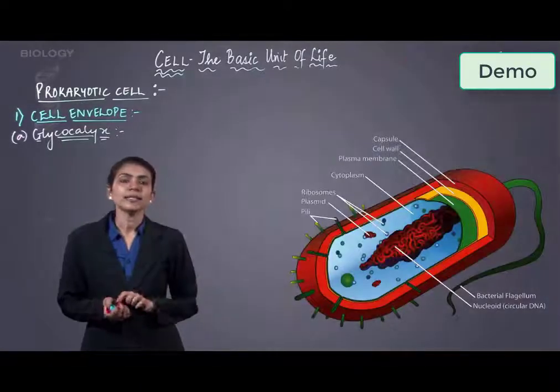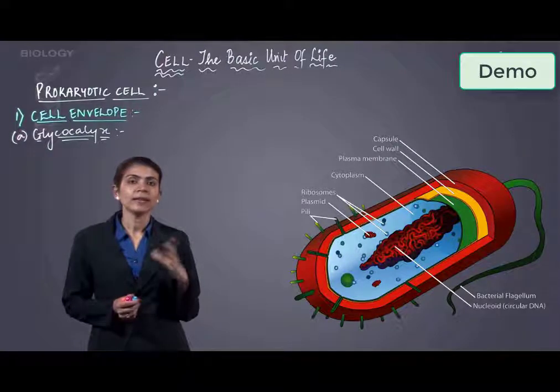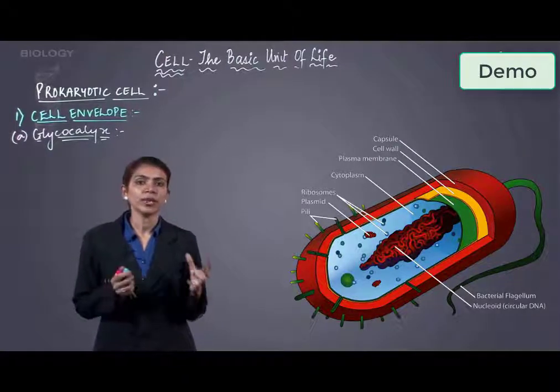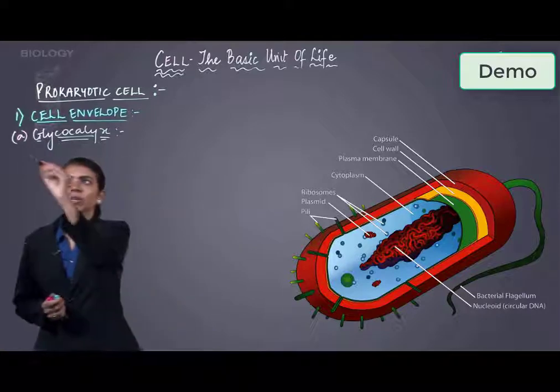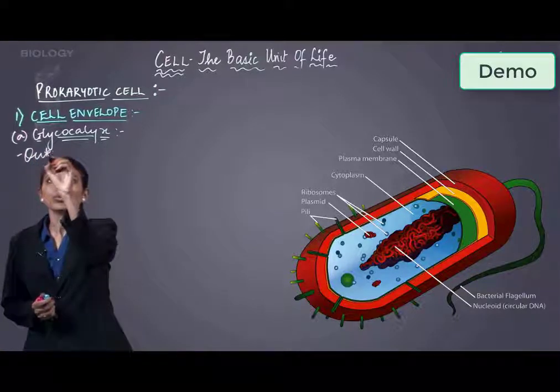The glycocalyx in turn is made up of 2 layers, an inner S layer and the outer layer of mucilage.